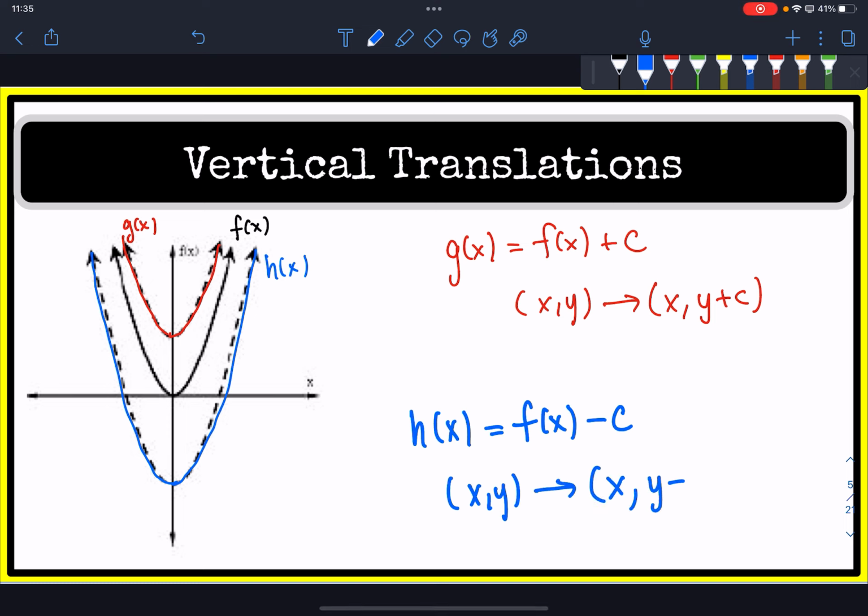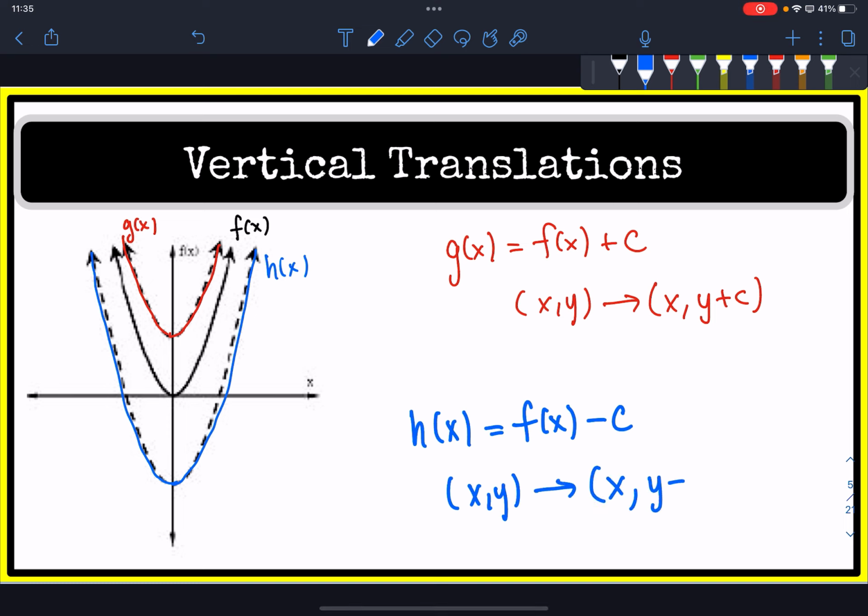Now going to the other direction, a horizontal translation. In order to translate this horizontally to the left or to the right, along the x-axis, we add or subtract a value to the x coordinates.